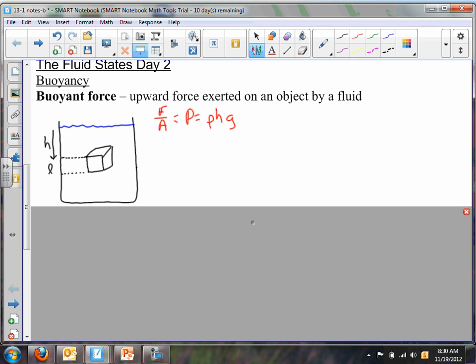So I can figure out that the force is really your weight density times the height times g times A. So what is the force on the top of this block? Well, the force on the top would be weight density times h times g times A.